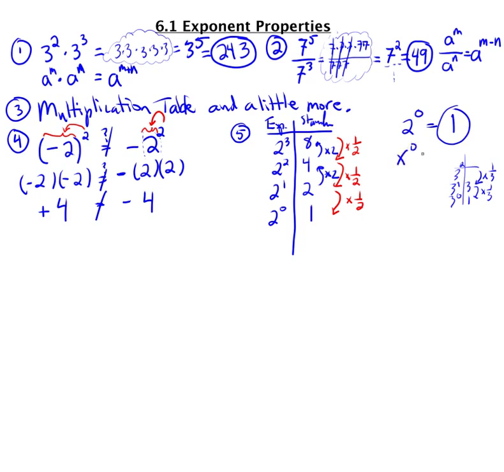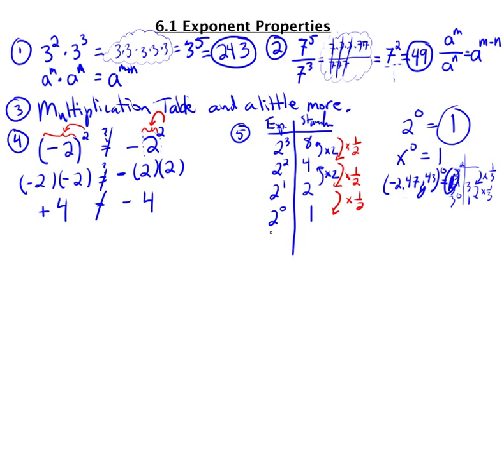So any number to the 0 power equals 1. Or you could say any number, negative 2.47 y to the 43rd, all to the 0 power equals 1. Because that whole thing, no matter what's in that parentheses, is to that 0 power, it equals 1.